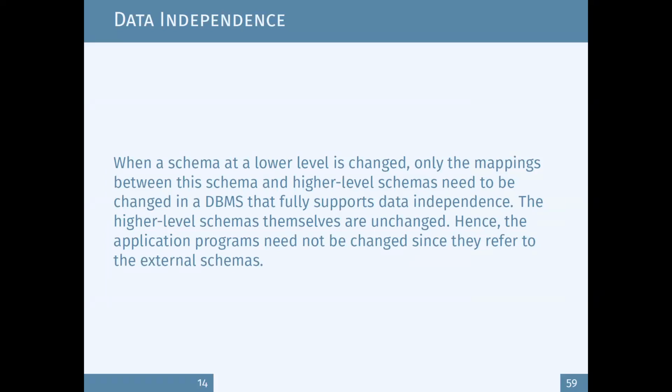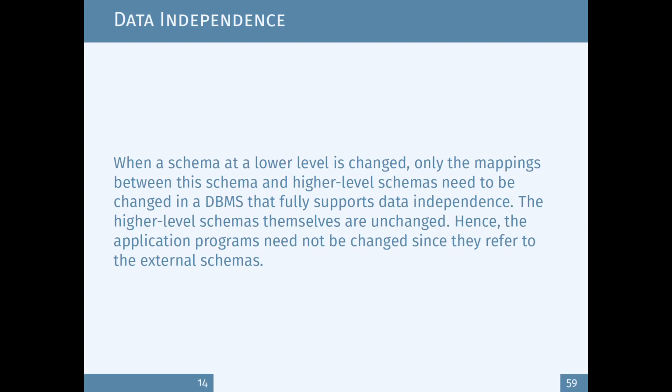In general, we can say when you change something at the lower level, what we need to change is only the mappings. So if the database management system fully supports the data independence idea, what you need to remember is whenever you want to change the lower level, only the mapping at the higher level has to change.